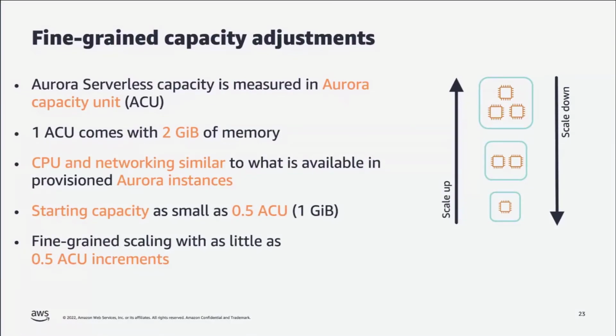You can start with as low as 0.5 ACU, which translates to about 1 gig, and it can scale in increments as small as 0.5 ACU. Underneath, it uses scaling factors such as CPU, memory, and networking, and automatically adjusts the capacity up and down in fine-grained increments whenever the threshold is reached.